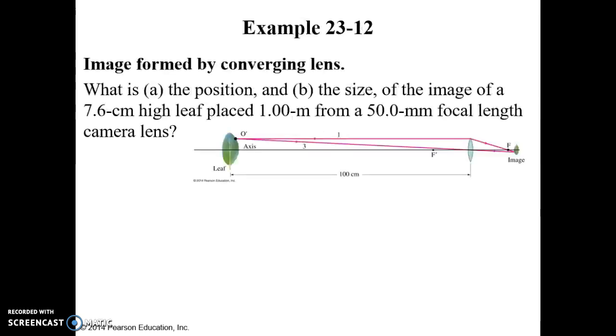Alright, so for our first example, what is the position and the size of the image of a 7.6 centimeter high leaf placed at 1 meter from a 50 millimeter focal length camera lens? The first step is that we'll start with the lens equation. Rearrange it to solve for the image distance.